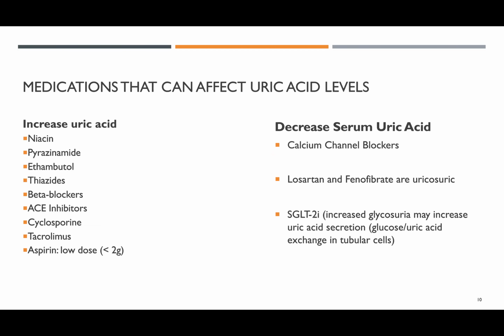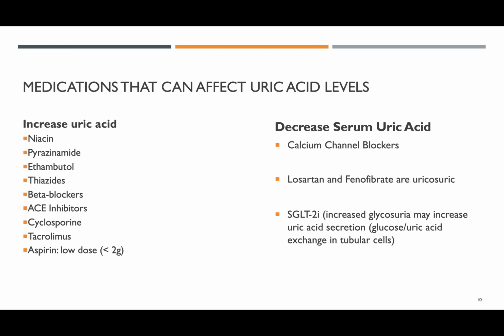So what are these medications I'm talking about? Because medications are what we're using most of the time. It's going to be a consideration in both outpatient and inpatient patients. So things that increase uric acid: niacin. You don't think of vitamins as increasing uric acid maybe, but niacin is one of them. Pyrazinamide and ethambutol in our TB treatment patients.